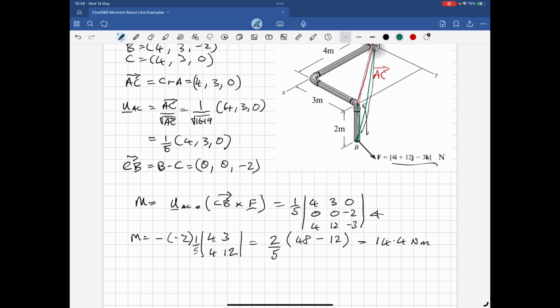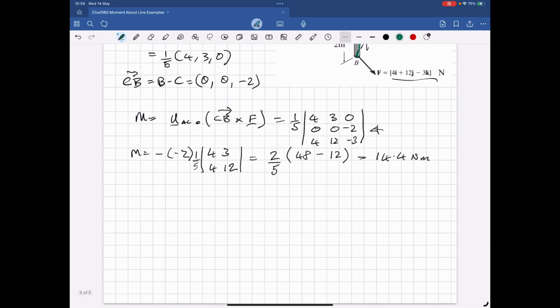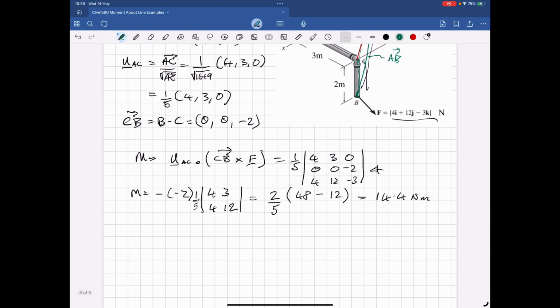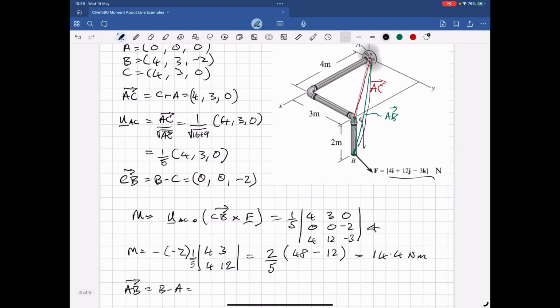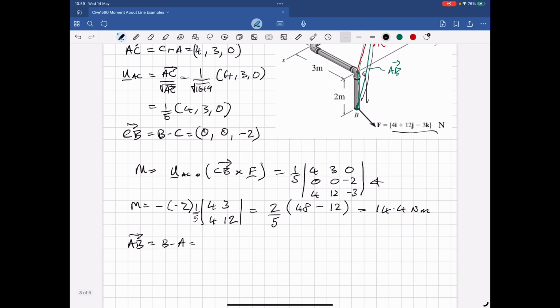We could have done the calculation using this green line here, which is AB. Let's just do that. Let's just calculate AB. This is all we have to do different, which is B minus A, which in fact would be equal to B, so it's 4, 3, minus 2.